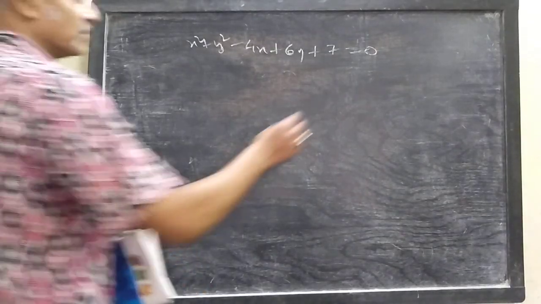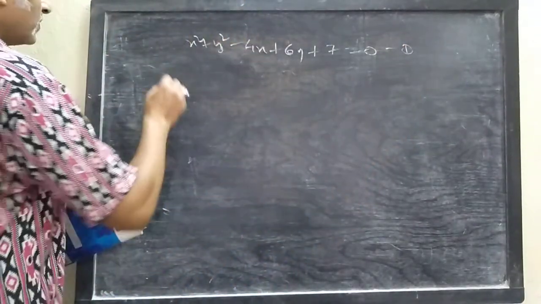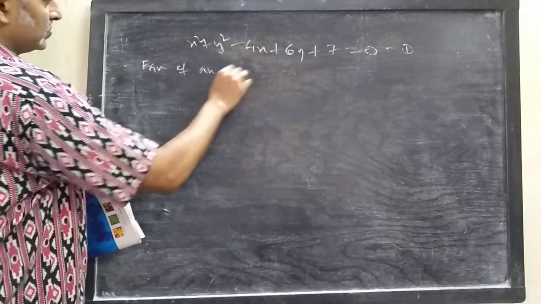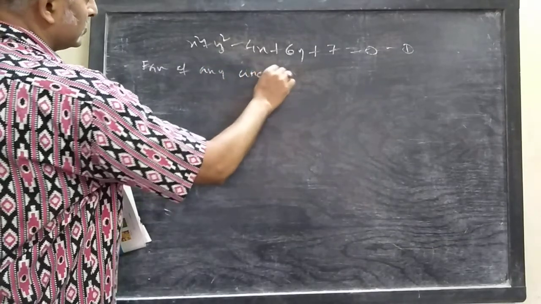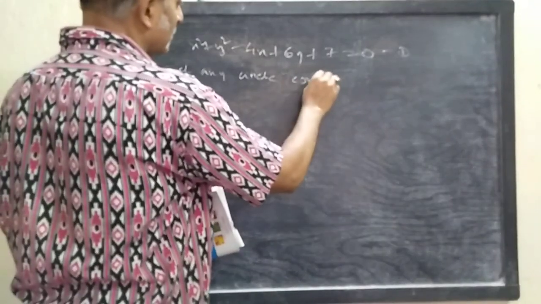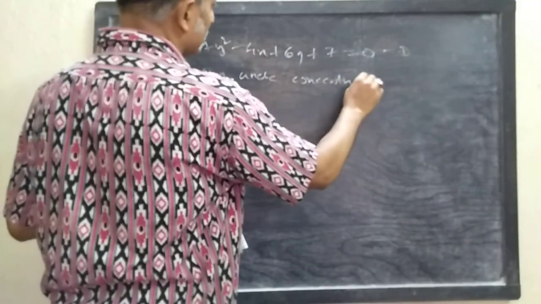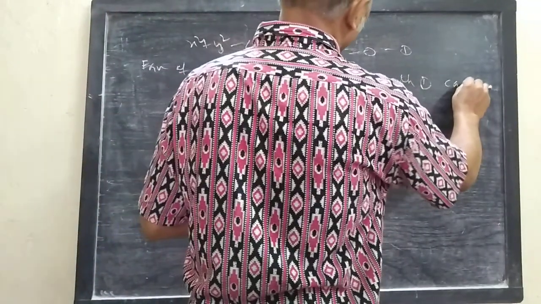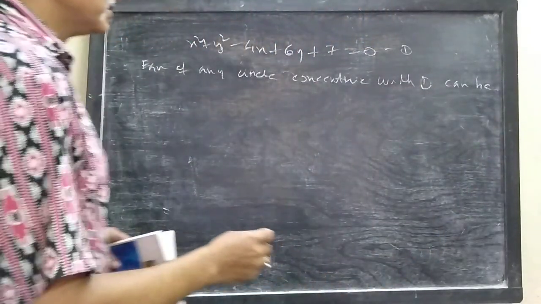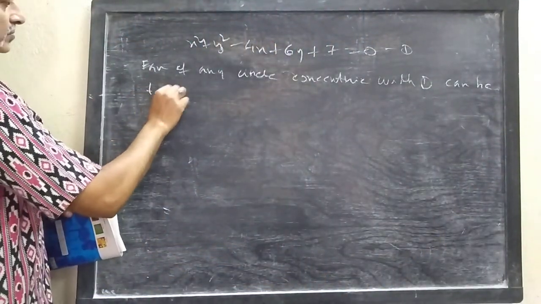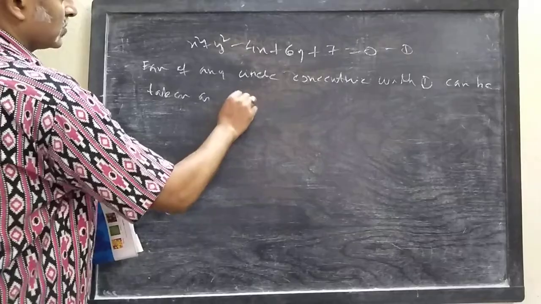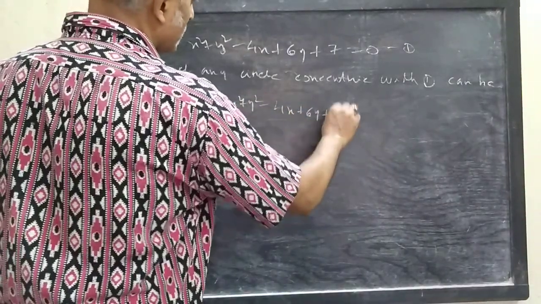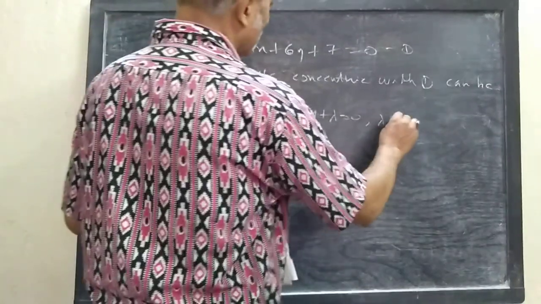First write the equation of any circle concentric with circle 1, which can be taken as x square plus y square minus 4x plus 6y plus lambda equals 0.